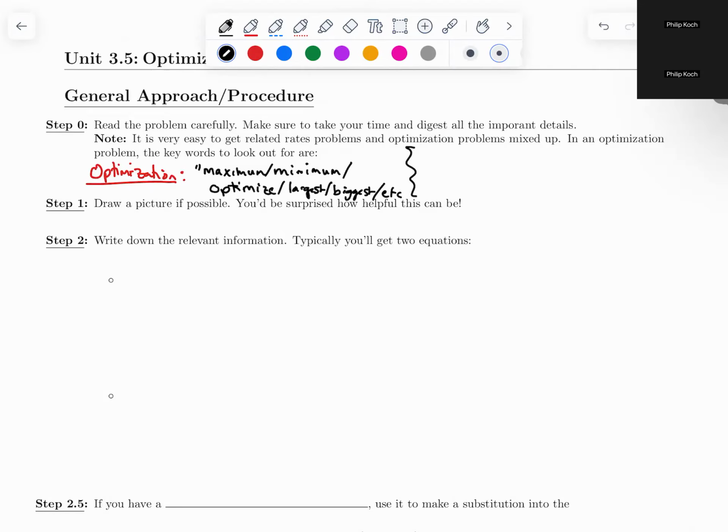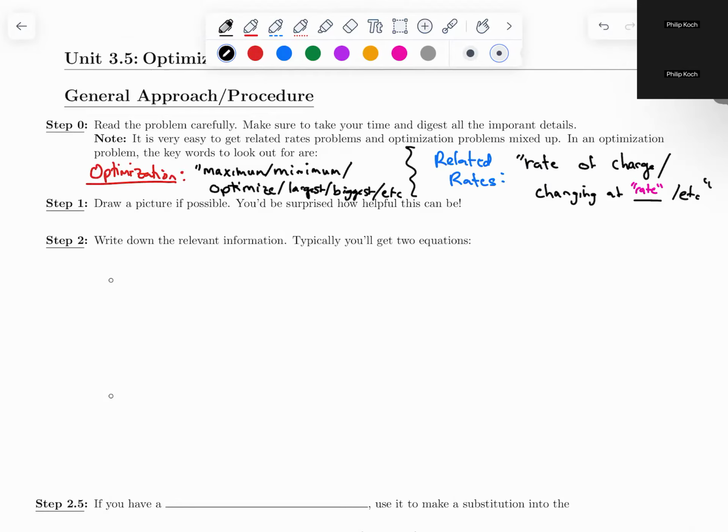Whereas related rates have things like rate of change, slash changing at a quote unquote rate, etc. Because remember, a rate is a fraction.